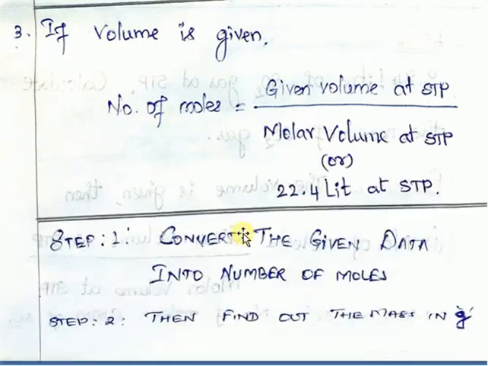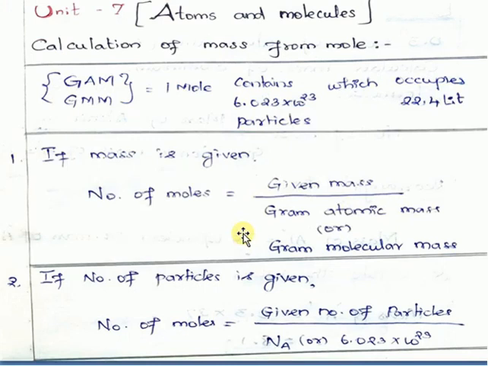Now the first one, calculation of mass from mole. We know that this one sentence is very helpful in knowing the idea about moles. Gram atomic mass of an atom or gram molecular mass of a molecule equals 1 mole.